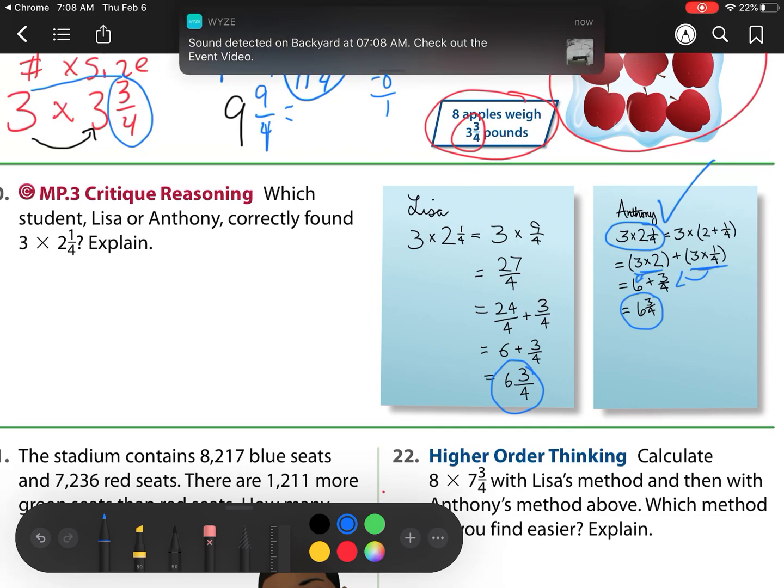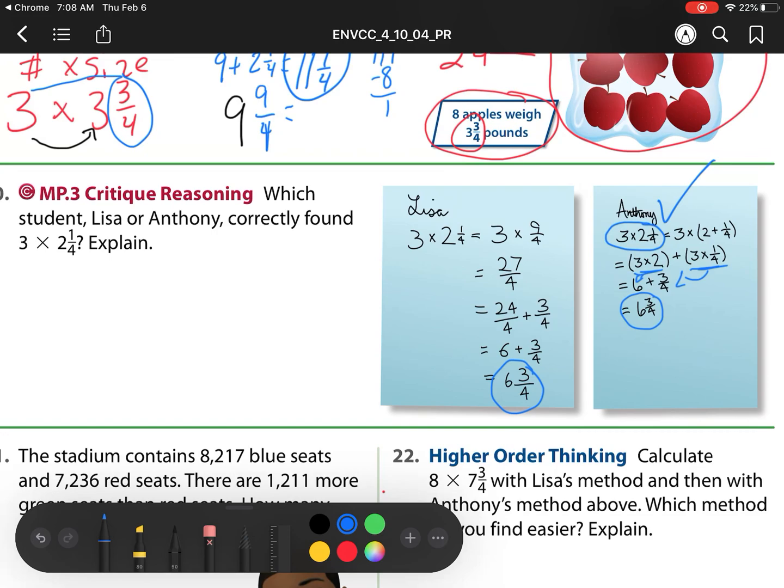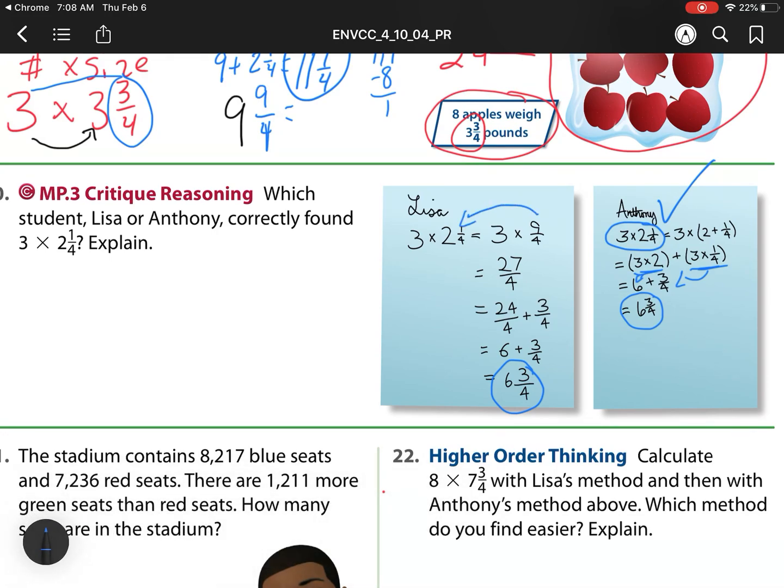So here we have 3 times 2 1/4, but then we have this 9/4. So where did that come from? Well, that came from the 2 1/4 being changed into an improper fraction. So what we have is we multiply our whole by our denominator. So we're exchanging this whole number for 4 pieces, 2 times. So I'm going to take that, and I will get 8, and then I'm adding these 8 whole pieces that I have here with this 1 piece I have up here.